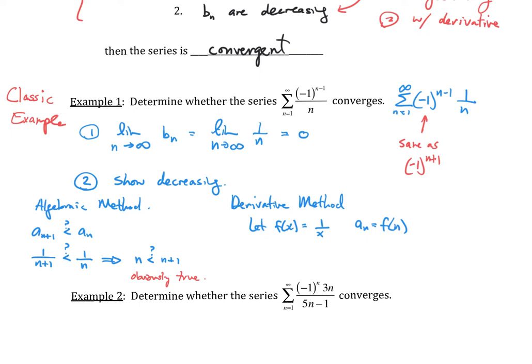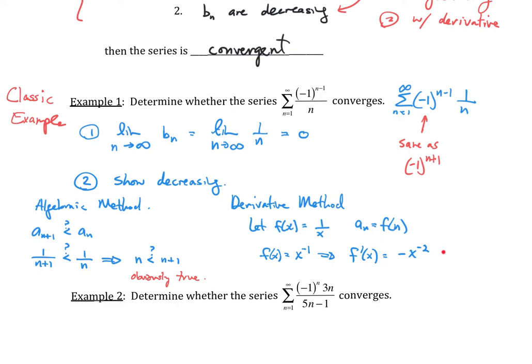So now let me calculate what f prime is going to be, right? f of x is the same thing as x to the negative 1, and that tells you that f prime of x is equal to negative x to the negative 2. And what can we say about the sign of this derivative?